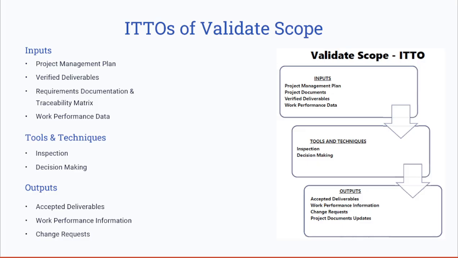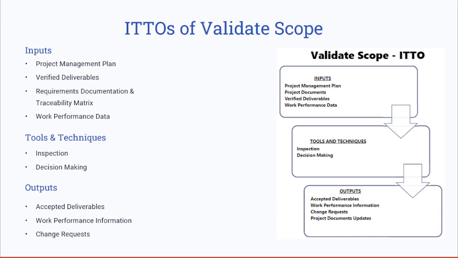The next technique is decision making, the formal approval mechanism, such as voting or sign offs by the stakeholders, or consensus meetings to agree that the project scope has been met.